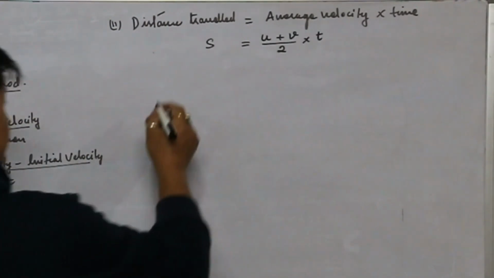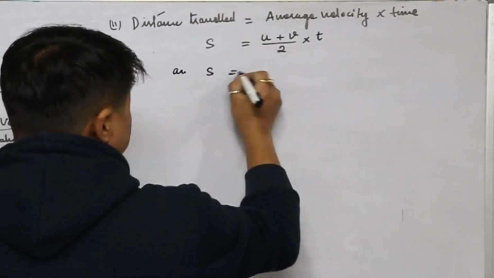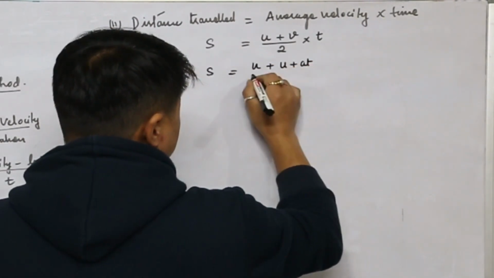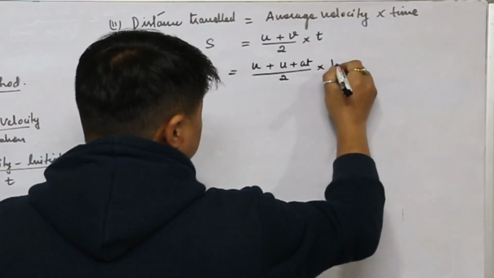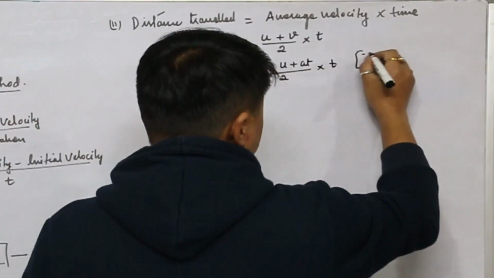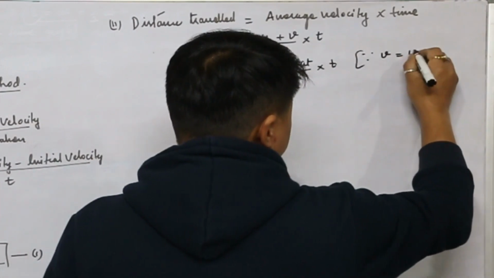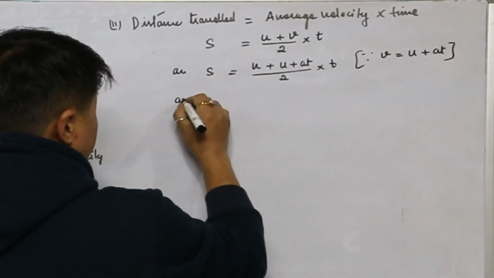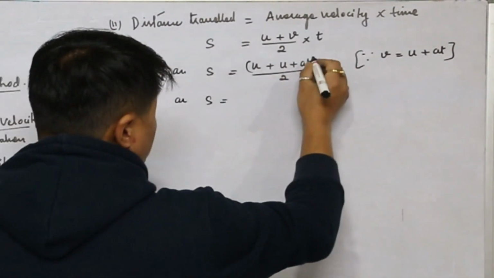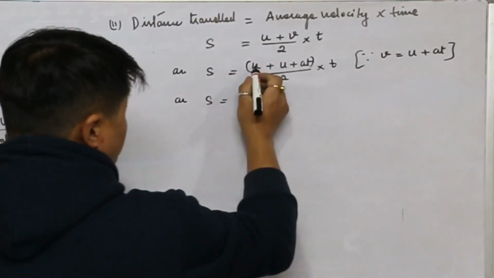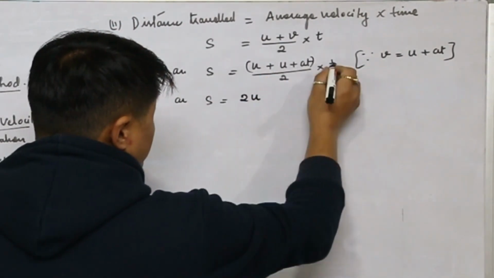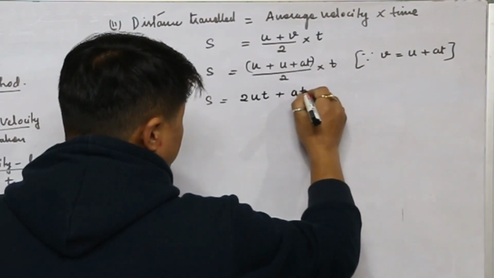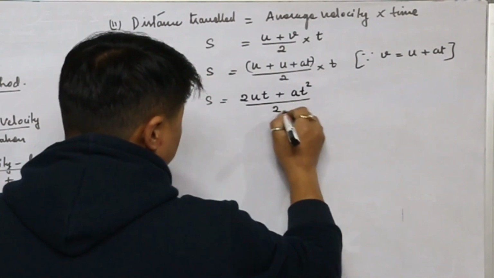So we have to replace v. Or s is equal to u plus v, which is here u plus at, upon 2 into t. We write here since v is equal to u plus at. Clear? Or s is equal to the whole term multiplied with t, u plus u is here 2u into t plus at into t square, whole divided by 2.